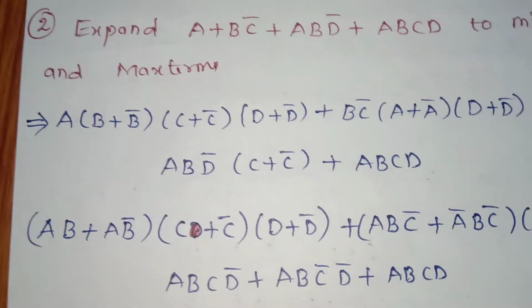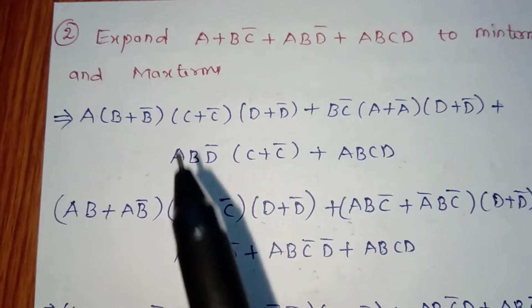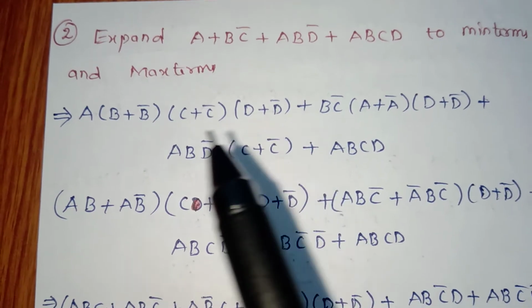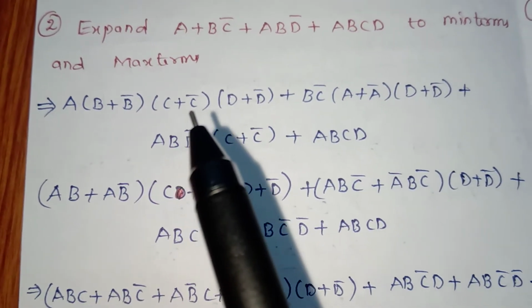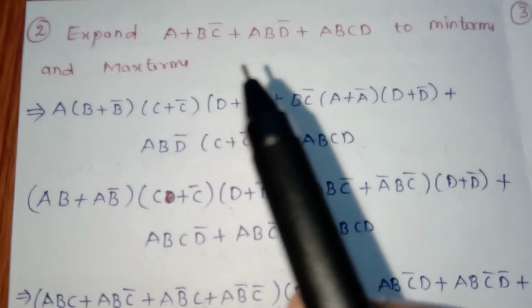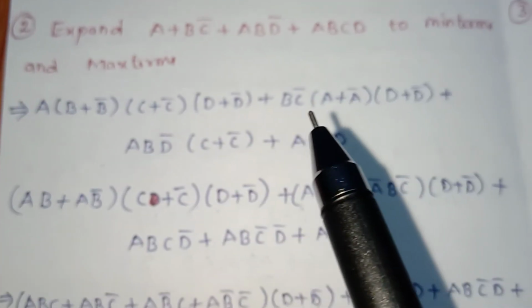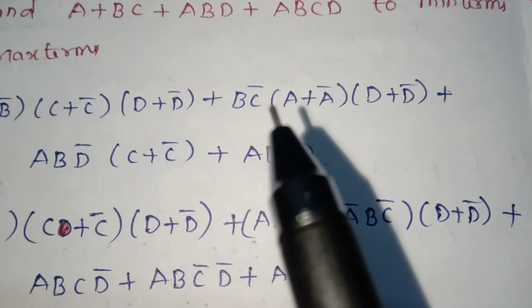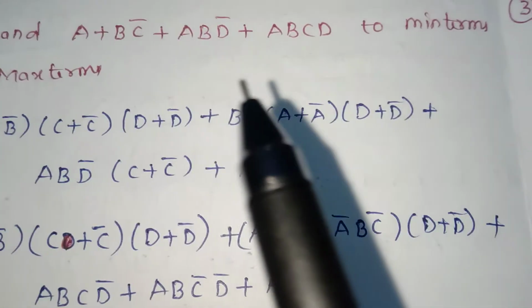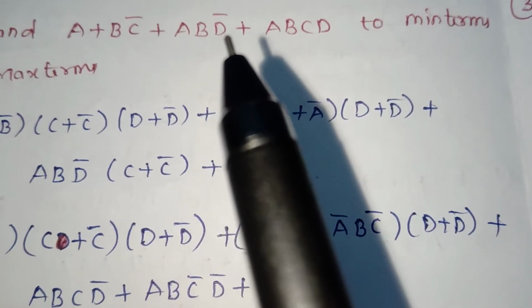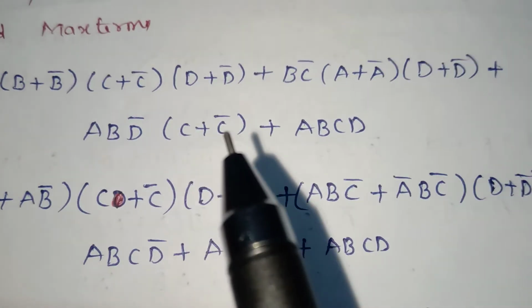Sorry for the inconvenience. B, C, D are the missing terms. Therefore, I have added B plus B bar, C plus C bar, D plus D bar. But in the second term, A and D are missing terms. Therefore, I have added A plus A bar, D plus D bar. But in the third term, C is the missing term. Therefore, I have added C plus C bar.